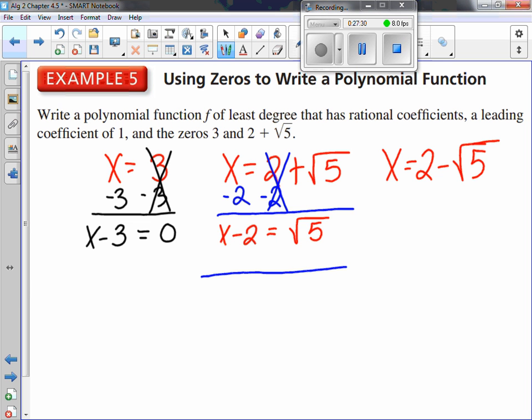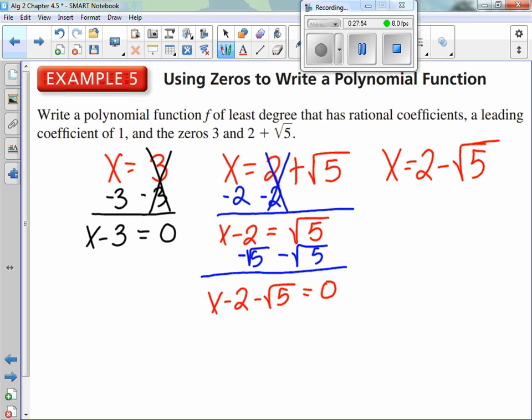Then what would we do? We would minus the square root of 5. This really is going to give us x minus 2 minus the square root of 5 is equal to 0. Any questions on any of these here?